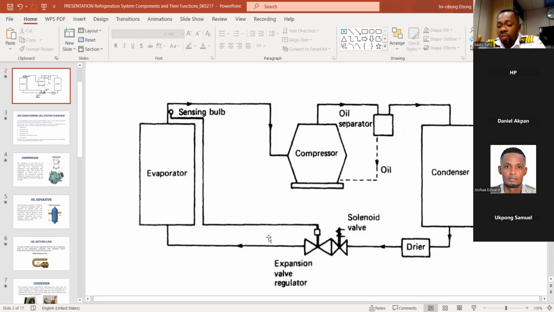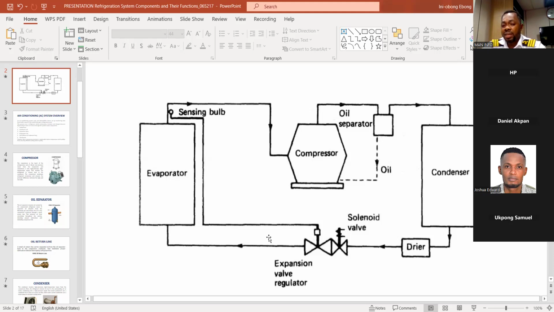So if your fan is not working, if your evaporator fin is closed up, or if your evaporator filter is choked up, there's no way that system will be able to expel that coolness to the environment. It is supposed to expel that coolness and further change the state from liquid to gaseous before going back to your compressor. So you need to check that.